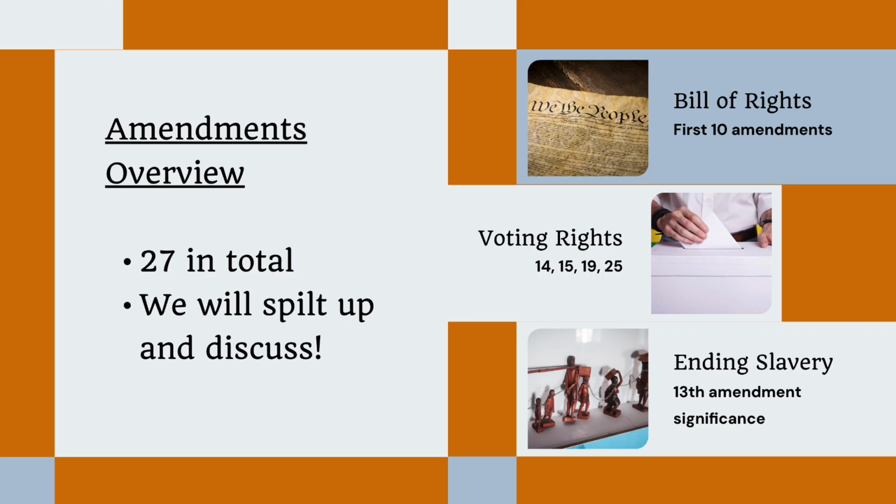For the first 10, we will look at them in detail, which is also called the Bill of Rights. And 14, 15, 19, and 25 are voting rights. The 13th Amendment is very significant because it marked the turning point of US history, which is ending slavery. So we will discover more of those later on. So stay tuned to that.